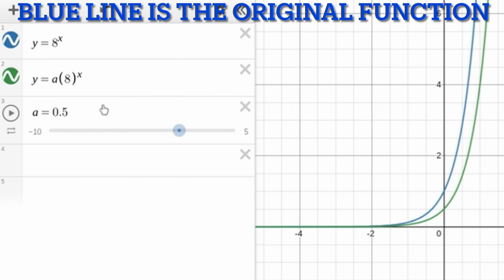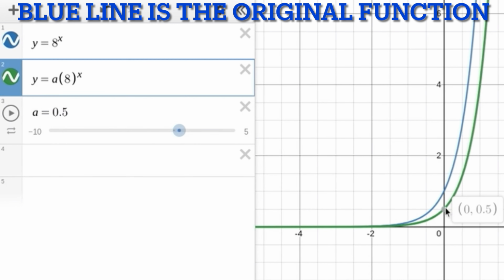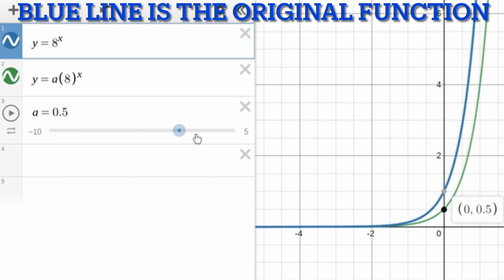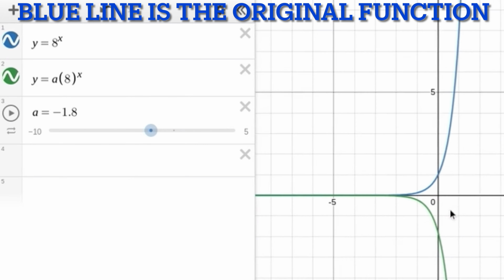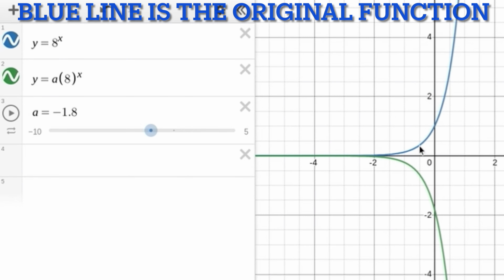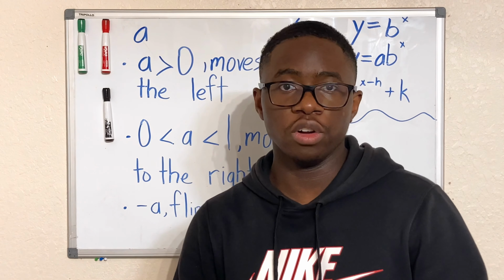So let's say a was, for instance, 0.5 or 1 over 8, it's going to move the exponential function to the right. Now, what if a is negative? If a is negative, it's going to flip the exponential function over the asymptote. So wherever the asymptote is, it's going to flip that function over the asymptote.